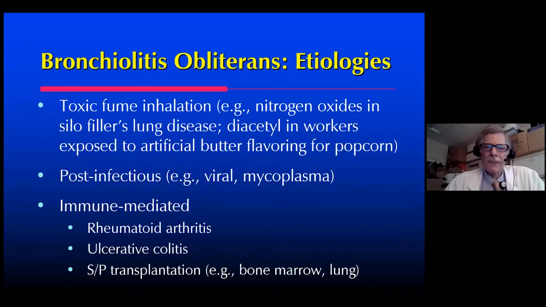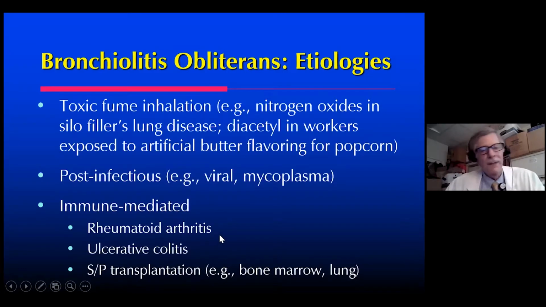More recently, you may have seen popcorn butter flavoring workers, those who are preparing the artificial flavoring are exposed to diacetyl, and other workers may have the same exposure. This chemical depositing on small airways, eliciting a bronchiolitis. Occasionally viral or post-viral bronchiolitis, and then don't forget occasionally immune-mediated, again, rheumatoid arthritis and unexplained airflow obstruction.